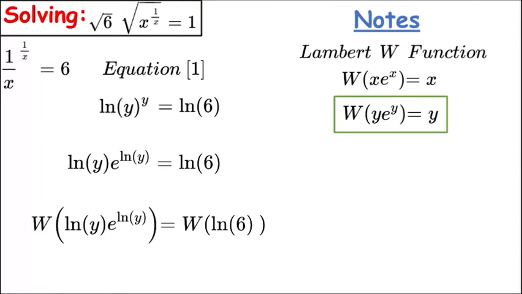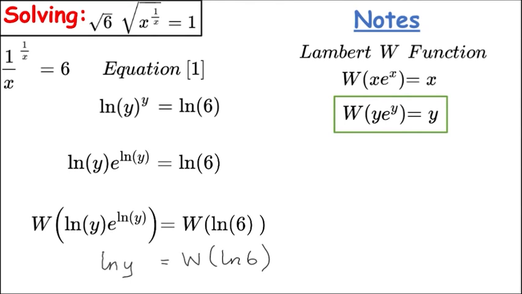Now, we can compare forms over here and use this combination now. We can replace the ln y for the W of ln y e to the ln y. So we will have ln y is equal to Lambert W of ln 6.